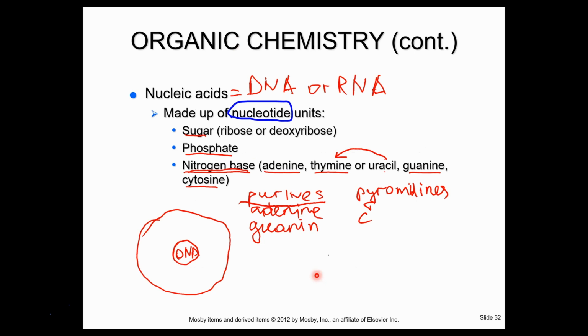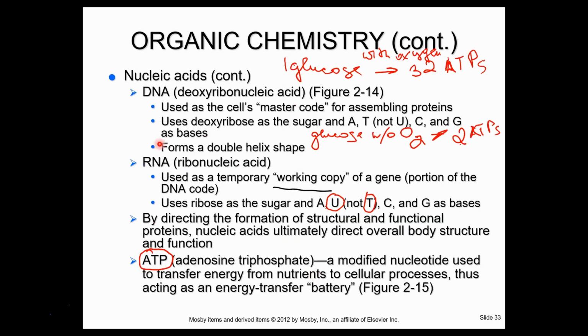What is DNA? DNA is a type of nucleic acid. RNA is also a type of nucleic acid. DNA, as you can see here, is deoxyribonucleic acid. RNA stands for ribonucleic acid. So what's the difference between them?